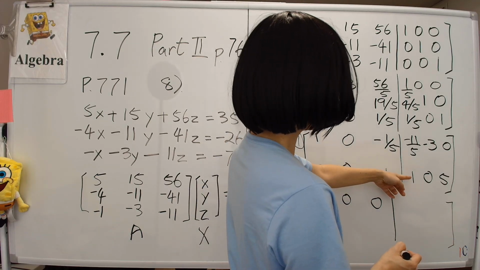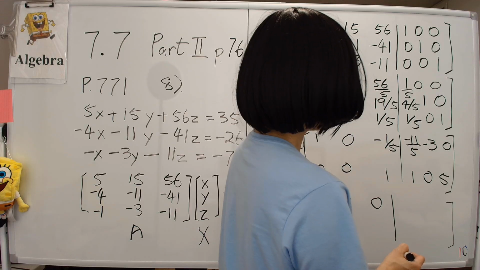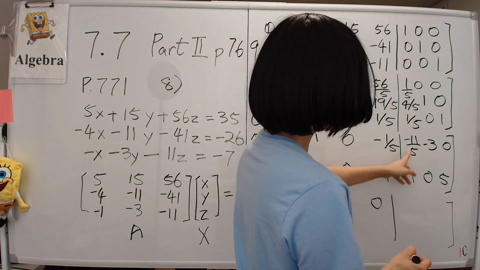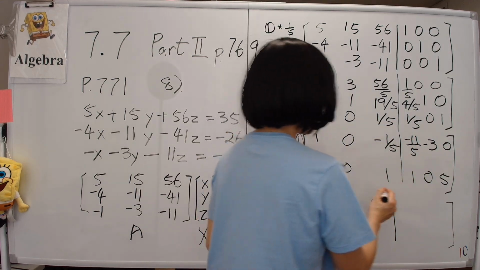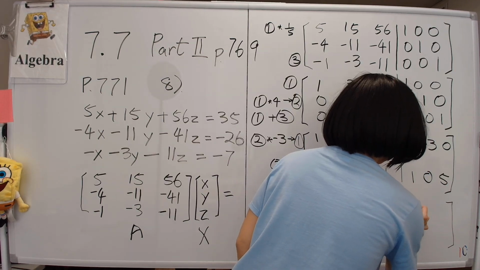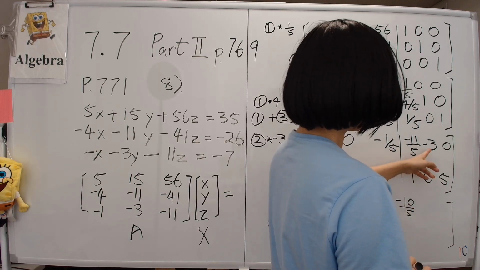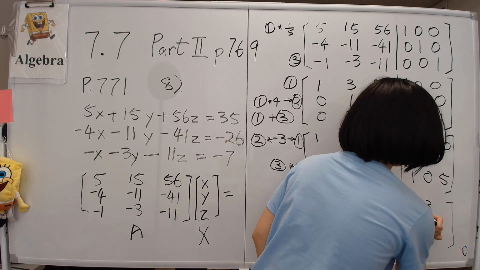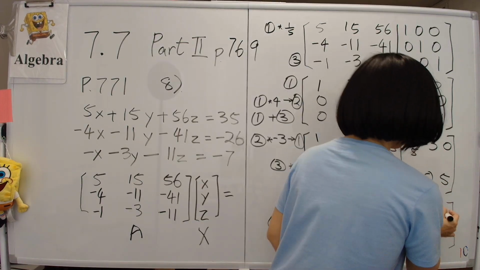And next, this multiplied by 1/5 and then added to that, that will be 1/5 minus 11/5, that becomes minus 10/5. This times 1/5 and then plus that doesn't change anything. It's still minus 3. And this times 1/5, that's 1. Added to that, that makes it 1.